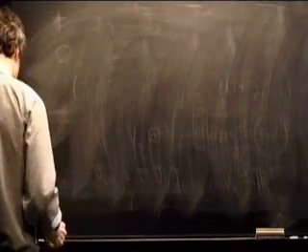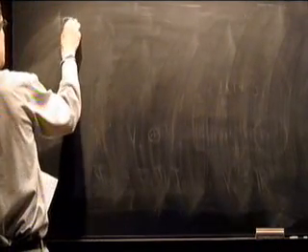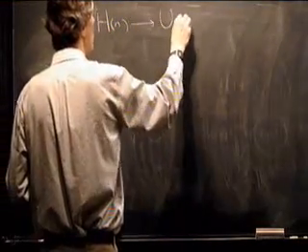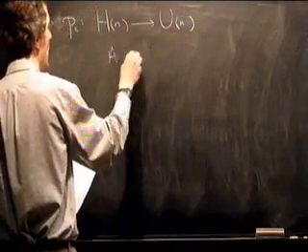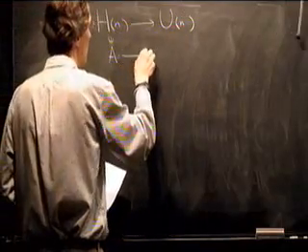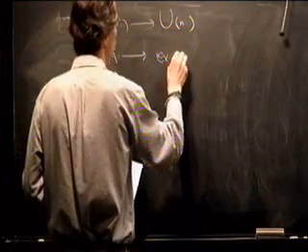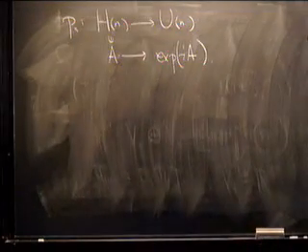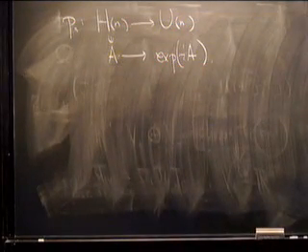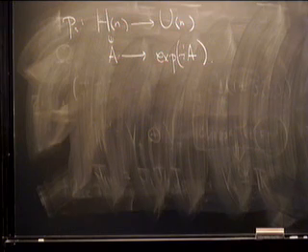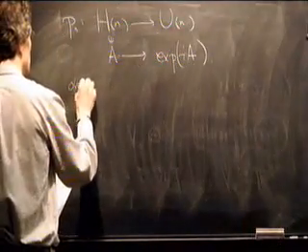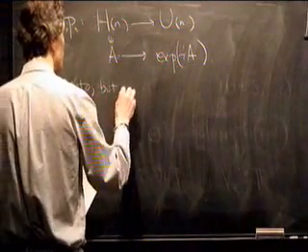Okay. So now let's consider the map P sub n, which goes from H of n to U of n, which takes A, in this Hermitian operator, to the exponential of iA. So you can take a Hermitian operator, exponentiate it, and get a unitary operator. This is onto, but not a fibration.